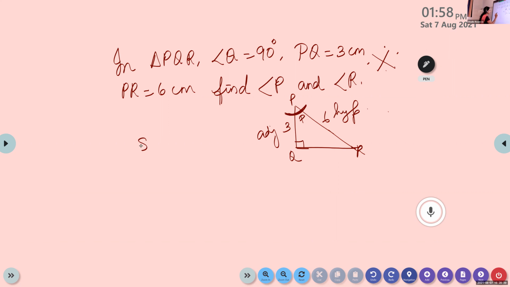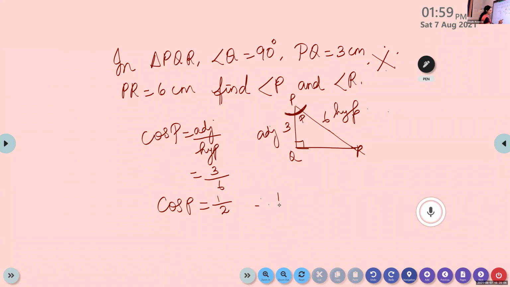Adjacent by hypotenuse means sine P, isn't it? Sorry, not sine, cos P. So what is cos P? Adjacent by hypotenuse. The adjacent side is 3, hypotenuse is 6. So cos P is 3 by 6, which is 1 by 2.